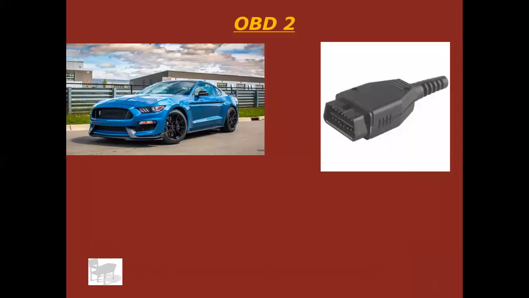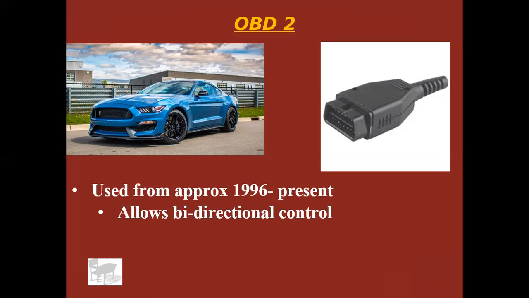We will, at some point, obviously check codes on an OBD1 vehicle, but let's go ahead and jump now to OBD2. Okay, used from approximately 1996 to now. This is the big difference between Gen 1 and Gen 2: you can hook a scan tool up to this vehicle and you can tell it to do certain things with your scan tool or laptop.